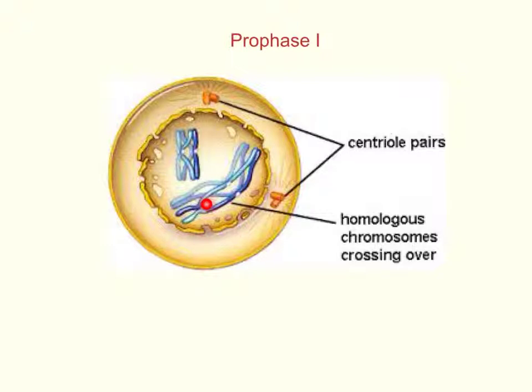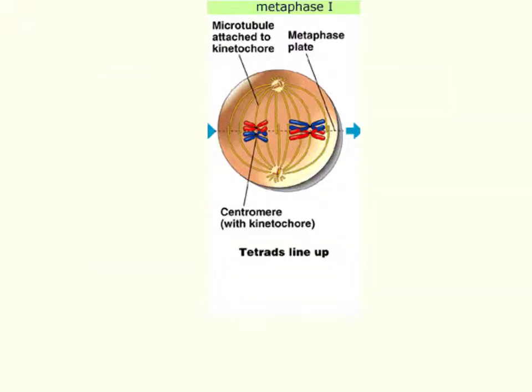which is pretty cool. The next stage of meiosis 1 is metaphase 1, which basically is similar to the metaphase of mitosis, as the chromosomes line up in the middle of the cell and spindle fibers connect them to the opposite poles of the spindle using microtubules.